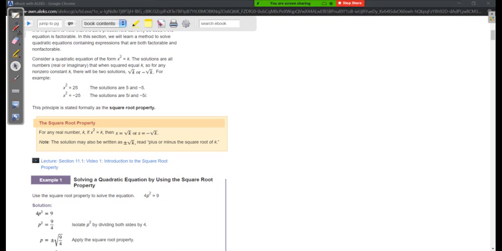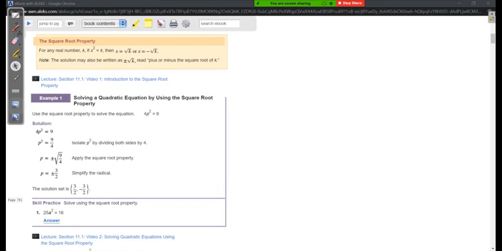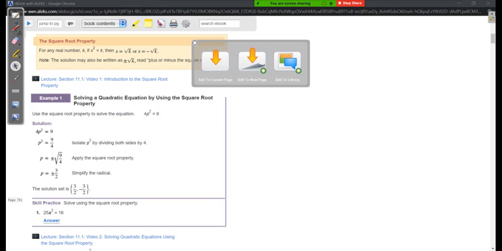Let's begin with an example. We're going to use the square root property to solve. In order to solve for the variable, we must isolate it. So the first thing we're going to do is divide by 4.